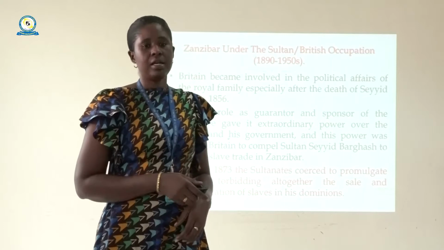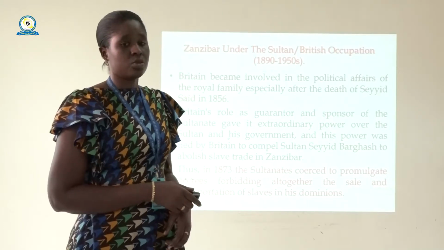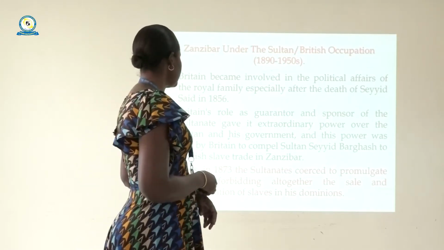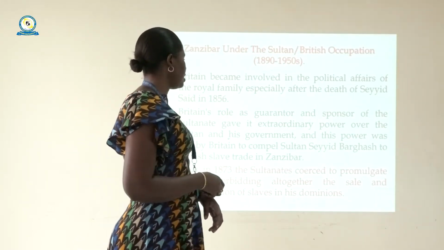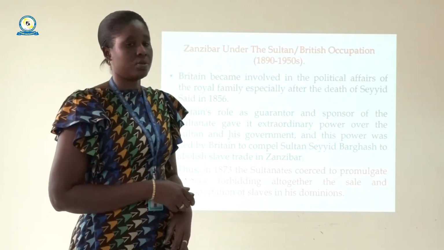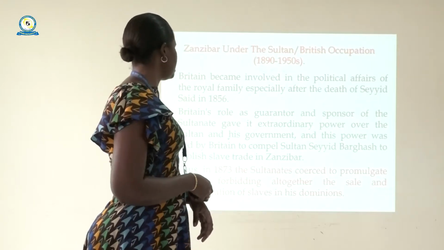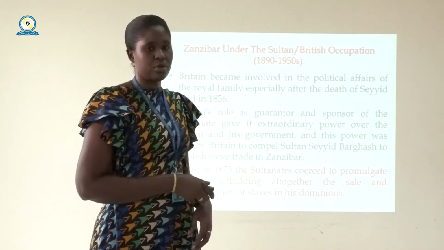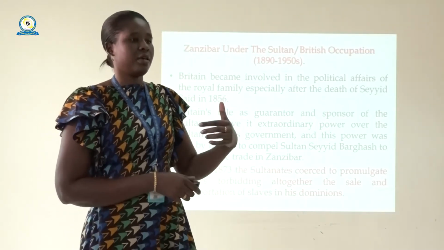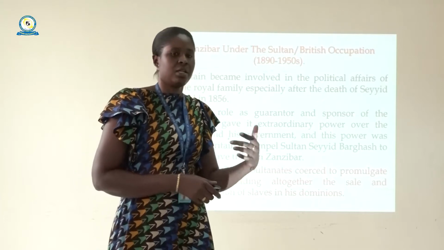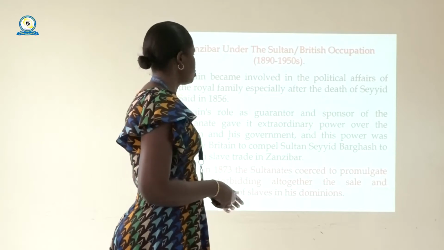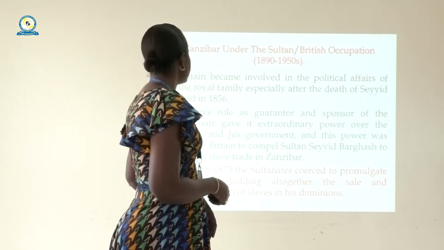Thus, in the year 1873, the Sultan was coerced and promulgated decrees forbidding the sale and transportation of slaves in his dominions. As we have seen previously, by 1875 the slave trade business was officially abolished. So this was a movement by Britain.